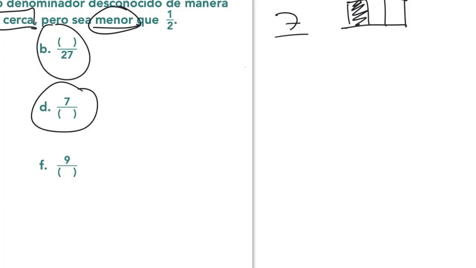Okay, and then the bottom number is just the number of equal boxes. So 3 boxes. They're all the same length. Okay, that is still something that can get a little complicated. But just remember that the denominator tells us how many equal boxes or circles you have, equal of something.